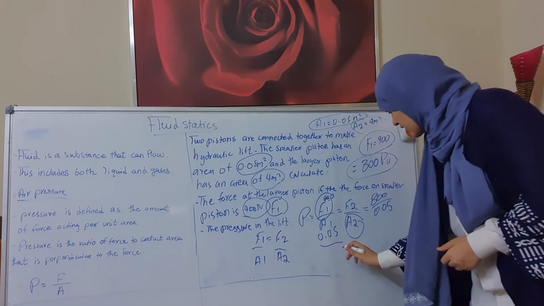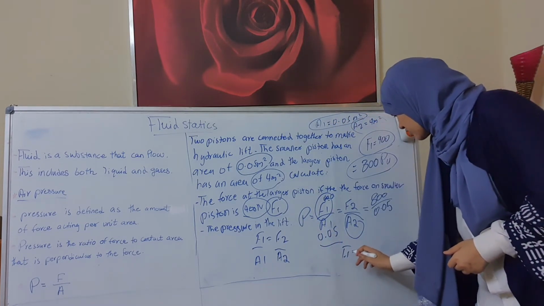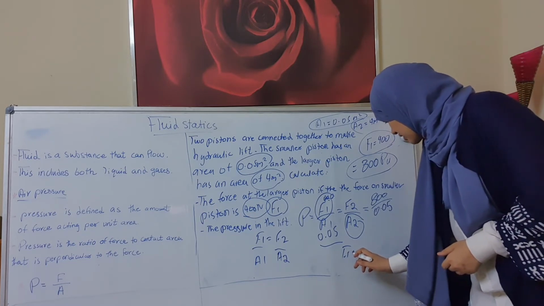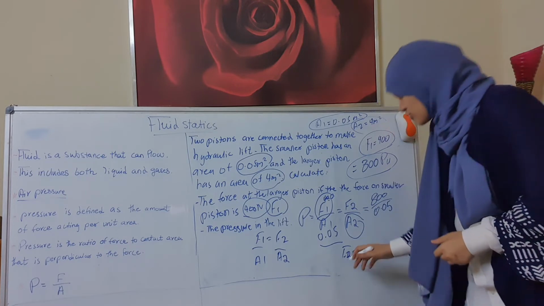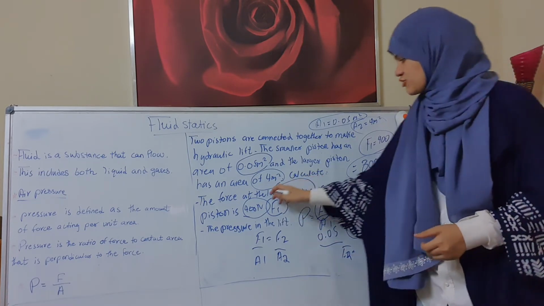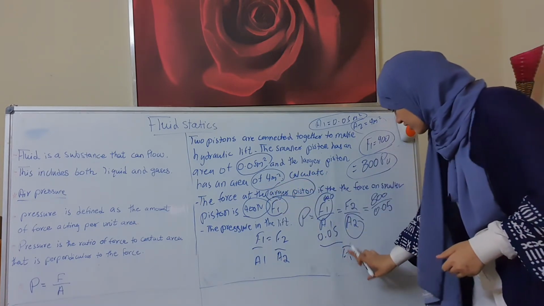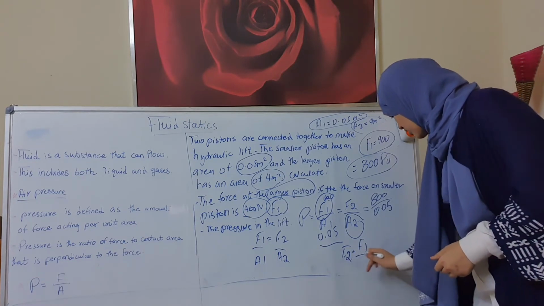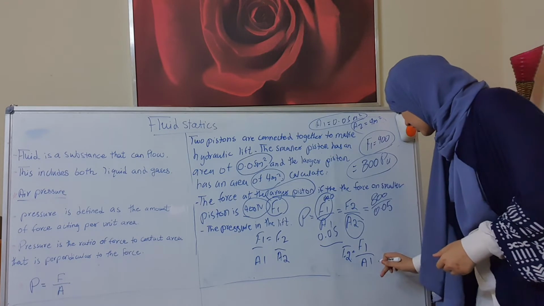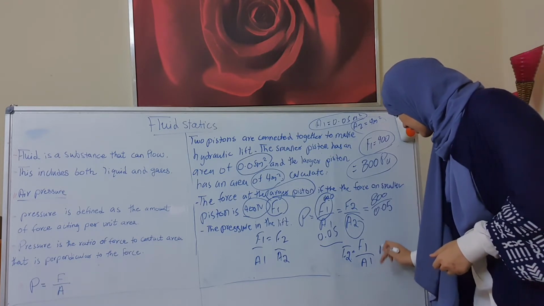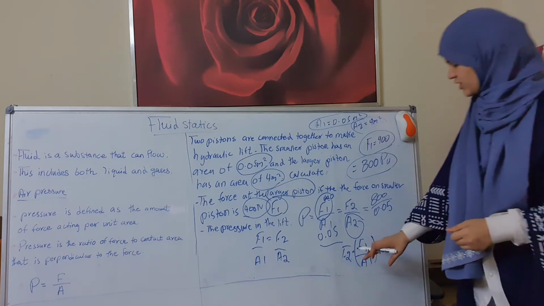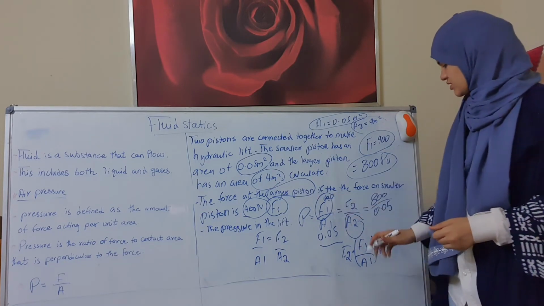Then F2 is equal to, because we asked here for the larger piston, and the larger piston is F2, F2 is equal to F1 over A1 times A2, right? So what we have here in F1 is 400.